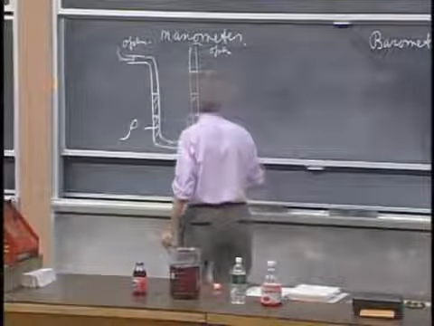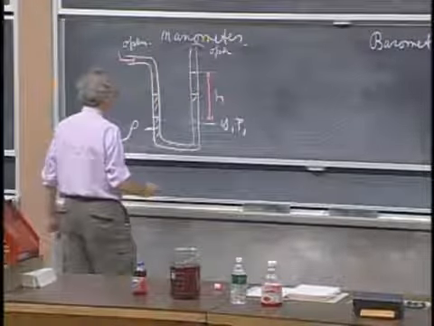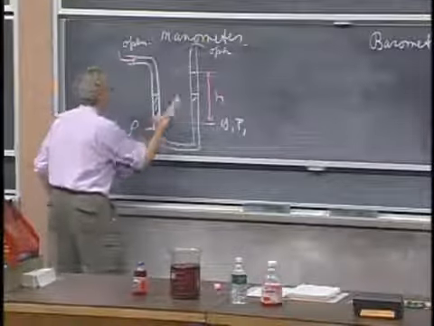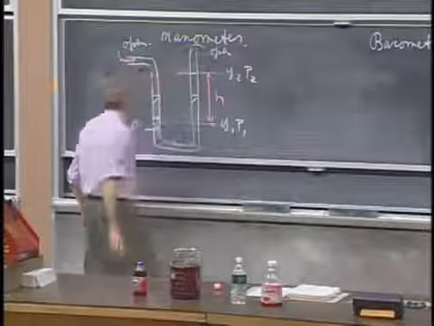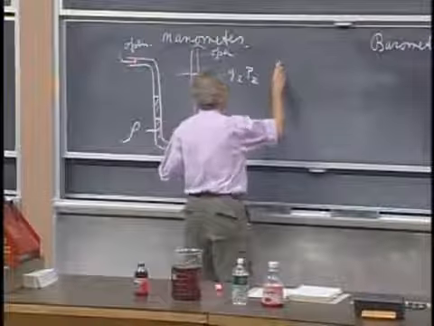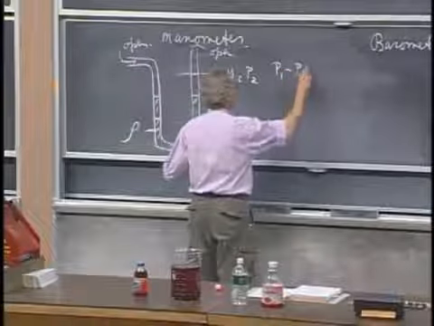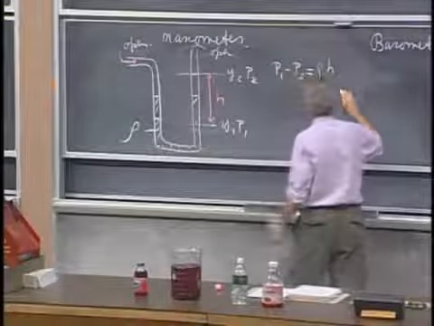So the pressure here at y1 equals p1, and the pressure here at y2 equals p2. And so p1 minus p2 equals rho times h times g.